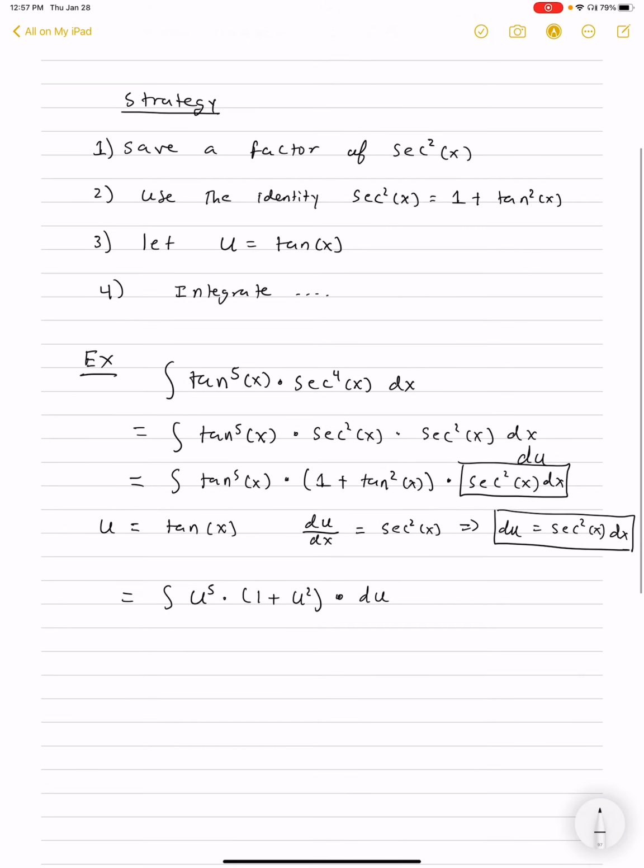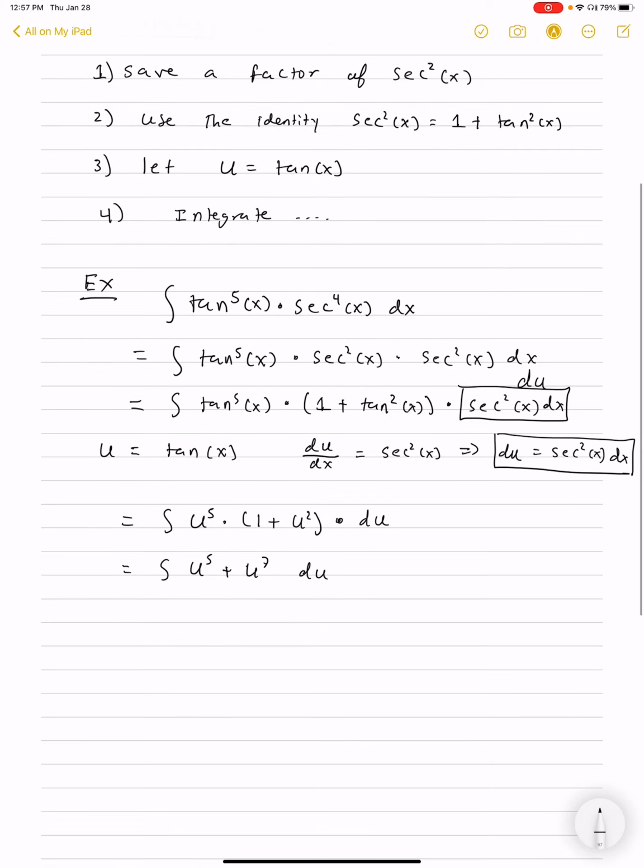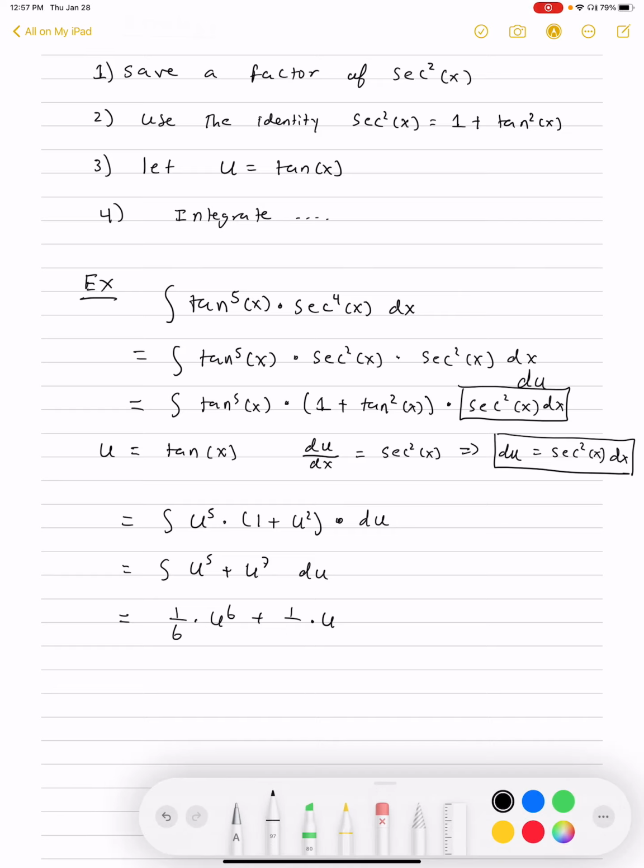Okay, now we're ready to integrate. So we go ahead and integrate by foiling: u to the fifth plus u to the seventh du. And we get 1/6 times u to the sixth plus 1/8 times u to the eighth.